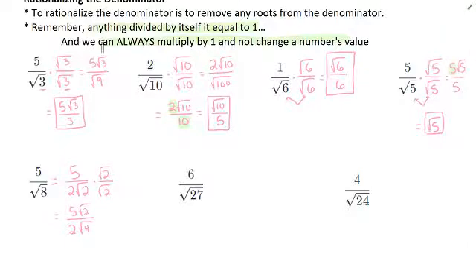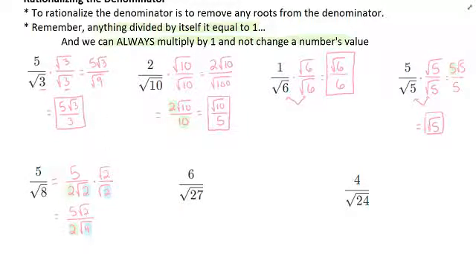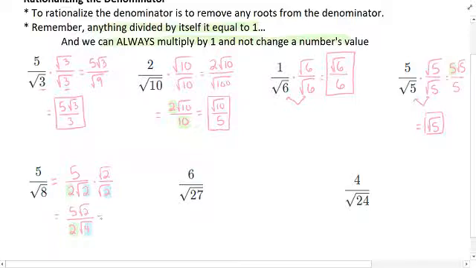Now remember, numbers outside a square root stay outside, but numbers inside a square root can be multiplied back together. That's how I got that 4. All right, so what's that give me? That gives me 5 root 2 divided by, well, this is 2 times 2, or 4. That's the rationalized version.